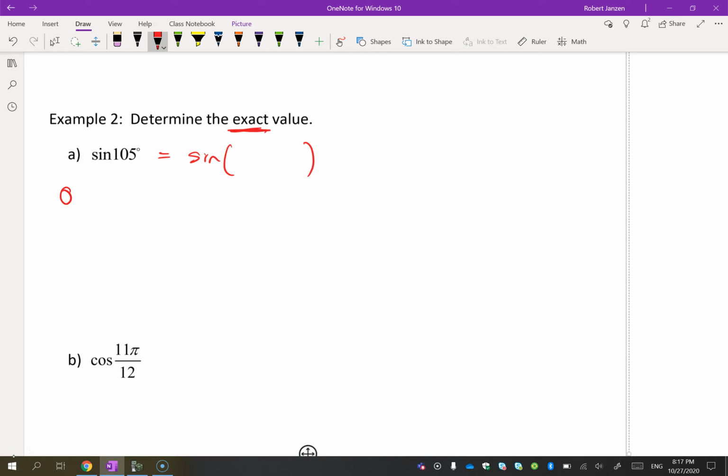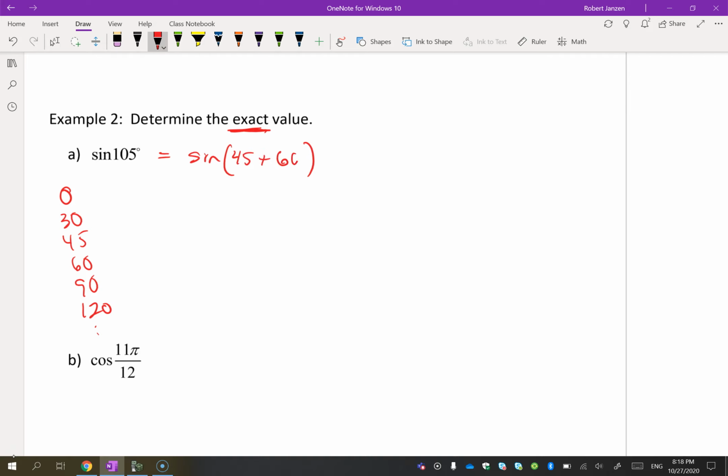So my exact values are 0, 30, 45, 60, 90, etc. Do any of these two add up to 105? Well, you can see that 45 plus 60 would work. Okay? Would it be okay to, say, put 30 and 75? Well, 75 is not an exact value, so that's not going to work. They have to be exact values.